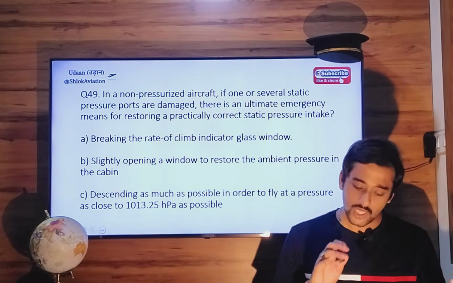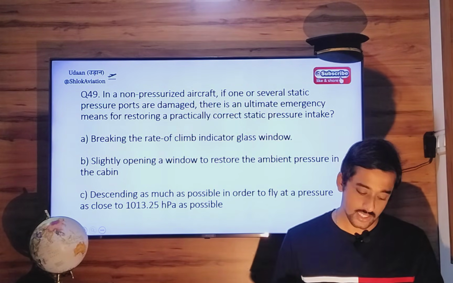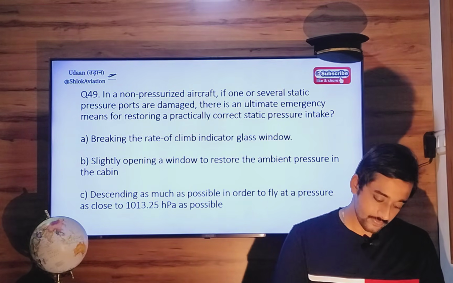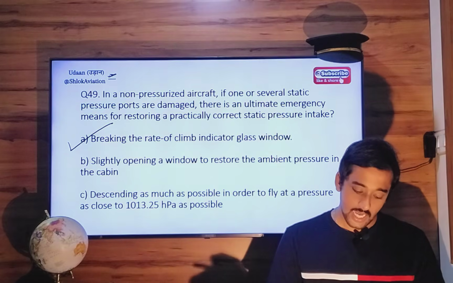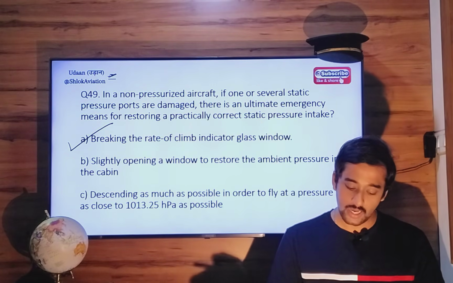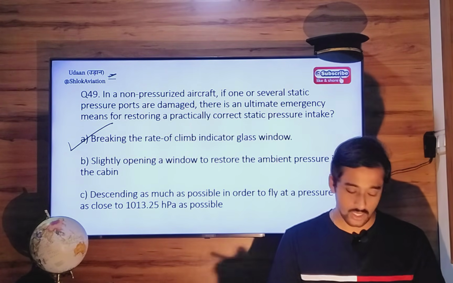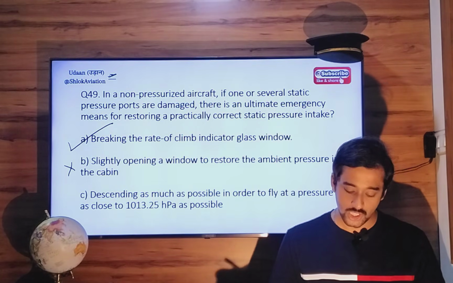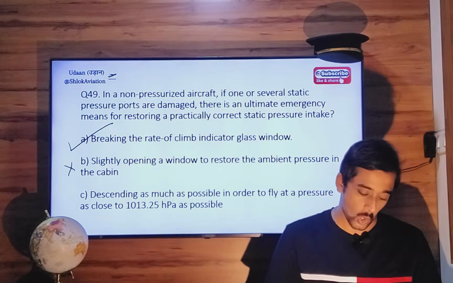So the last solution in an emergency is breaking the rate of climb indicator glass window. Slightly opening a window to restore ambient pressure, no. Descending as much as possible to fly at a pressure as close to 1013, no.